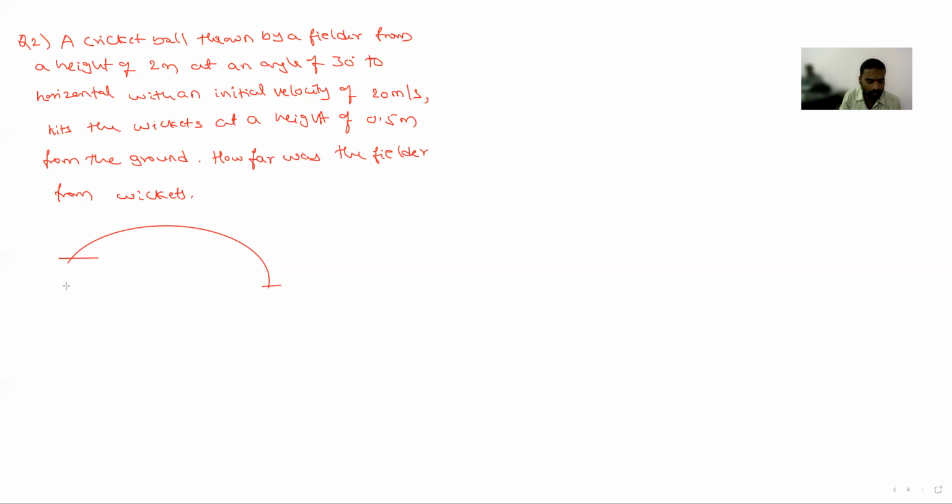It means a fielder has thrown a ball from a height of 2 meter. His height is given as 2 meter, and the ball hits the wickets at a height of 0.5 meter.